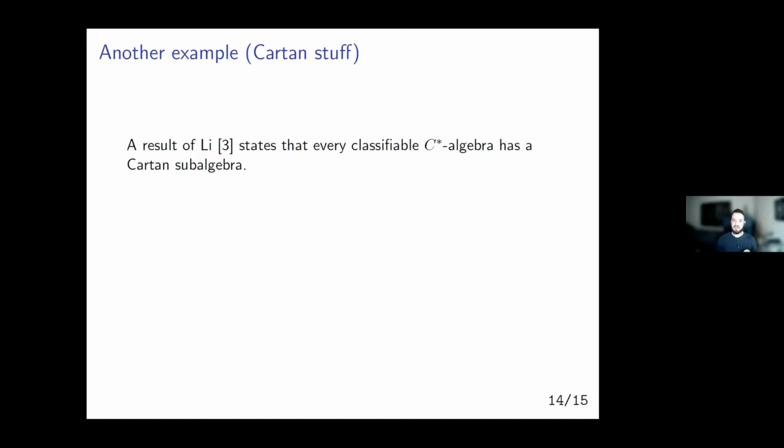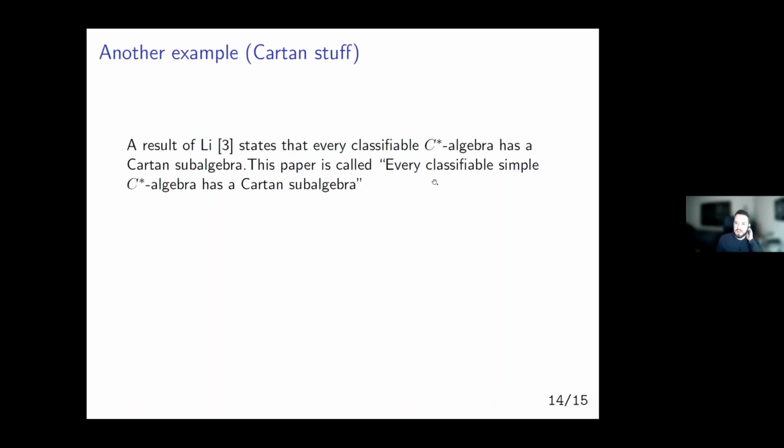And they are the building blocks of most separable C-star algebras. So they have to be simple, unital, nuclear, and a couple of other conditions, but there are a load of them, and a lot of people are very interested in them. And this result of Xin Li says that every one of these has a Cartan subalgebra, by which we mean that it forms part of a Cartan pair. And funnily enough, this paper is called Every Classifiable Simple C-star Algebra Has a Cartan Subalgebra, which I think is a pretty good name for this paper.